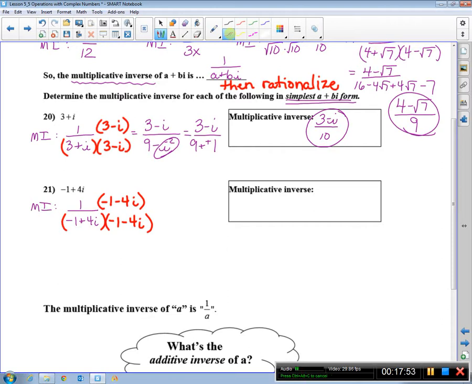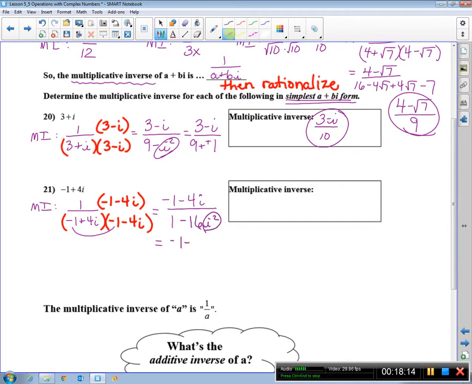Number 21. On the top, negative 1 minus 4i. On the bottom, FOIL, drop out, minus 16i squared. There's that negative 1 again.